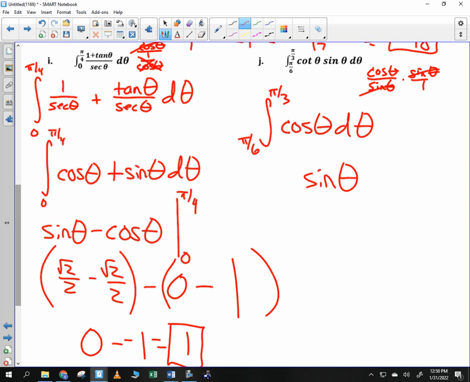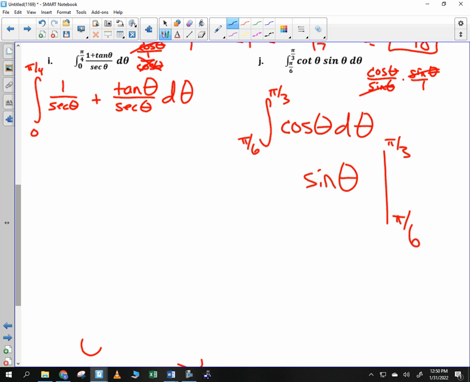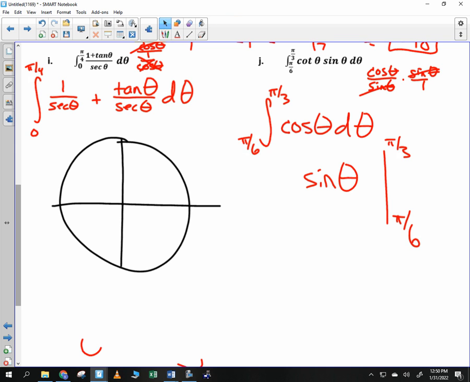The antiderivative of cosine is sine. Evaluate at pi over 3 and at pi over 6. My good friend Lindsay, well, she knew the exact value of sine and cosine of pi over 4. She knew that that spot was the root of 2 over 2, root of 2 over 2. I just need to know these two others. 30 degrees is your pi over 6. What's that coordinate?